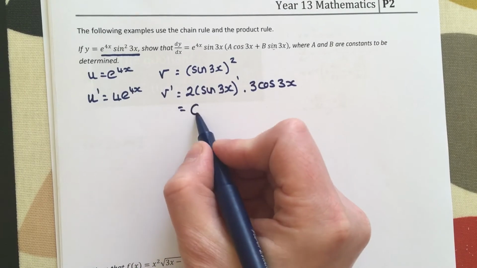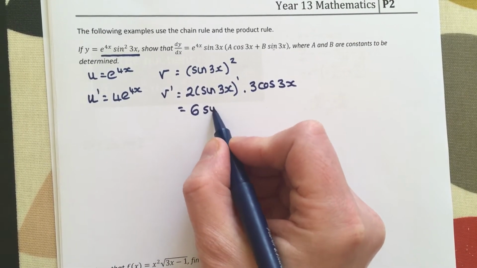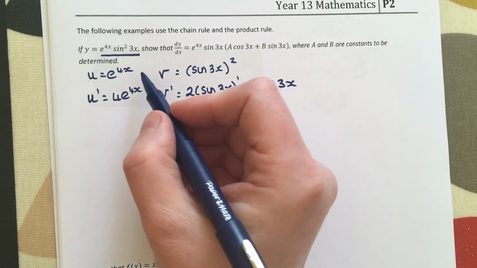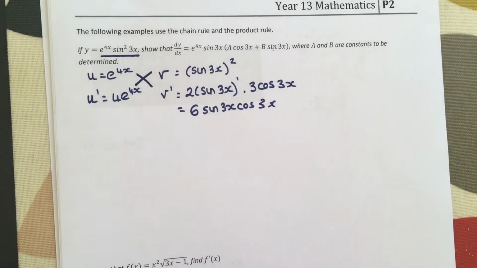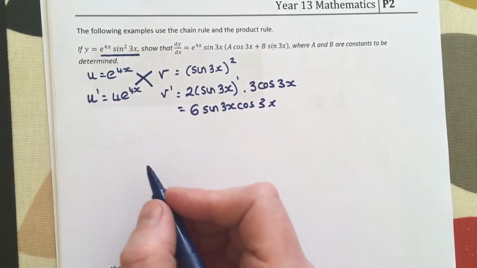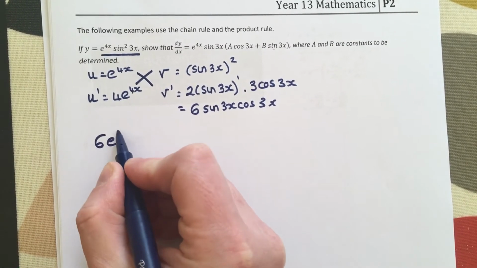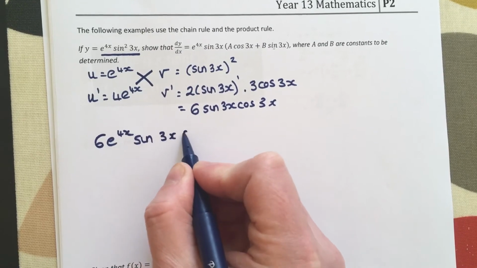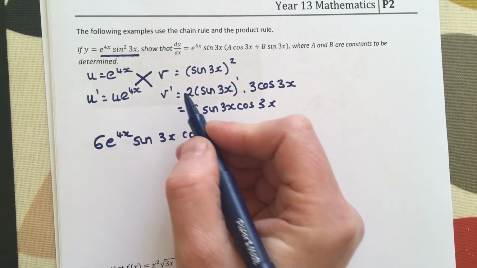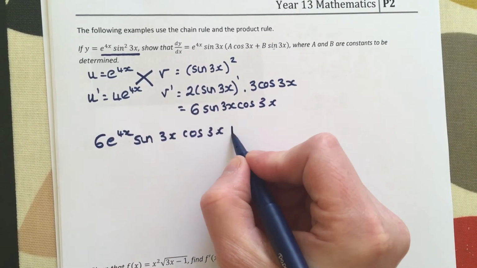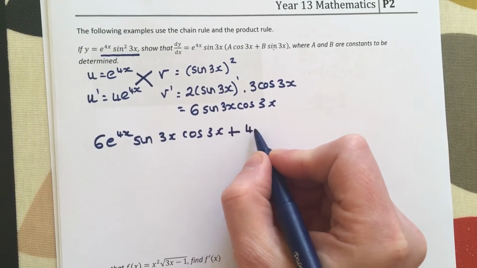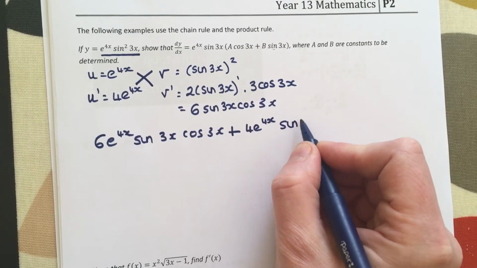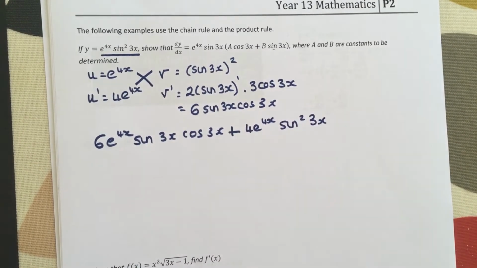Tidy that up and we get 6 sine 3x cos 3x. So we now need to do the product. So u dv/dx is 6e to the 4x sine 3x cos 3x, and the other one, plus 4e to the 4x sine squared 3x.